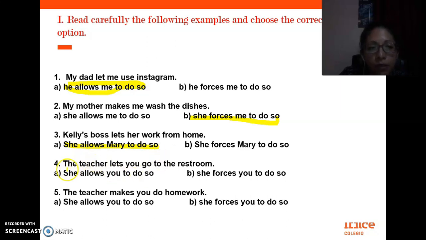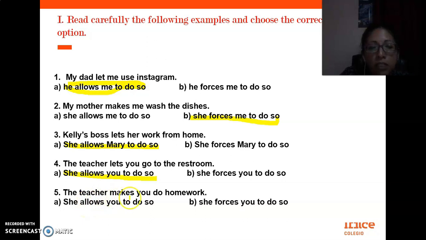Number 4. The teacher lets you go to the restroom. That means A. She allows you to do so. Or B. She forces you to do so. That's right. She allows you to do so. Number 5.